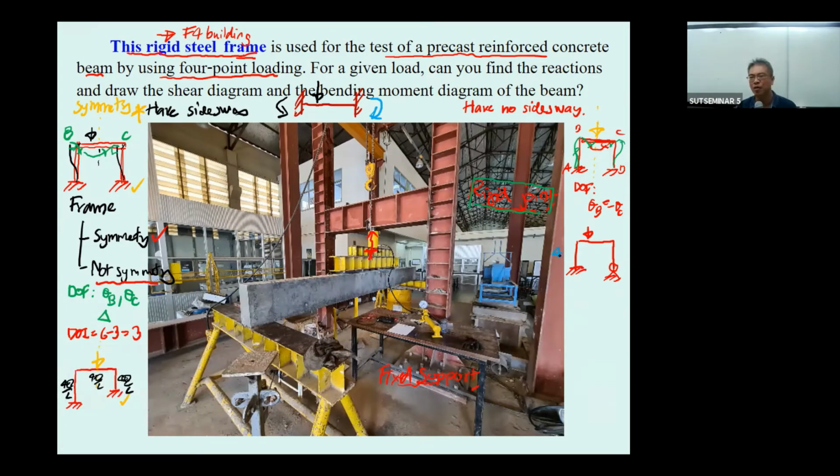This one will be 4EI over L for the moment distribution. This one will be 4EI over L, and this one will be 3EI over L.